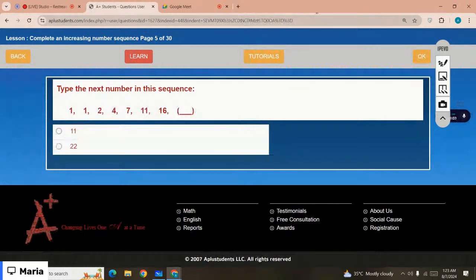So which is the correct option? The correct option is 22.